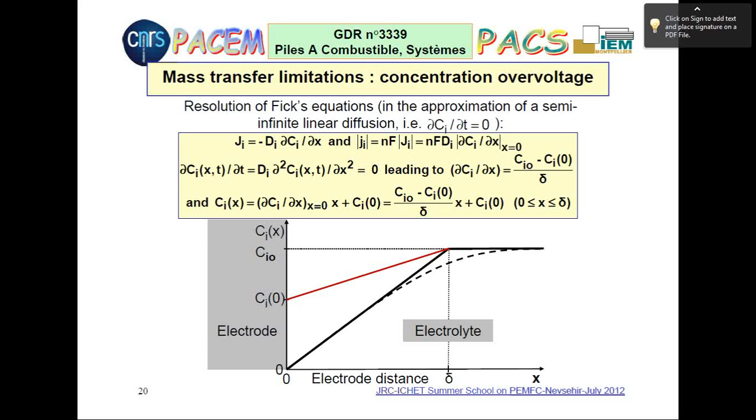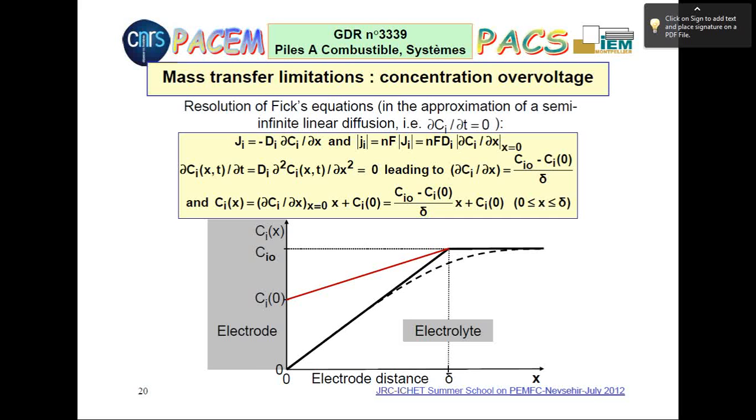For x equals 0, you have the concentration at the electrode surface, Cy0, and for x greater than the length of diffusion, x equal delta, you get the bulk concentration.